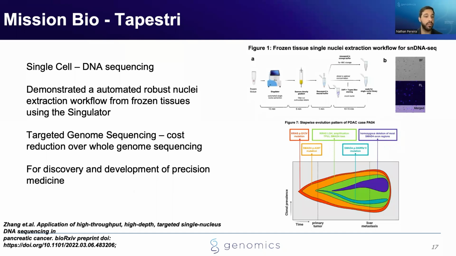And they basically demonstrated this robust workflow. They were able to actually isolate and freeze the nuclei for downstream processing, which they were not able to do before with their manual method. And opening up whole targeted genome sequencing is vastly important for the discovery and development of precision medicine.